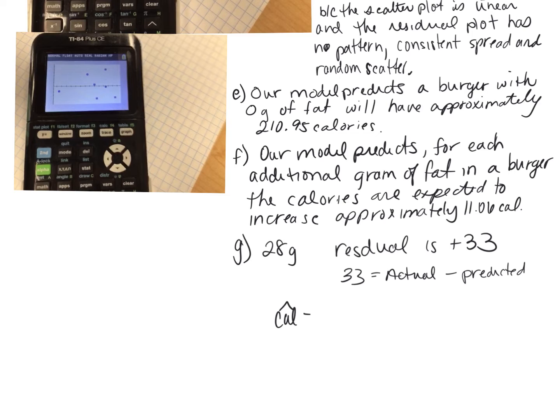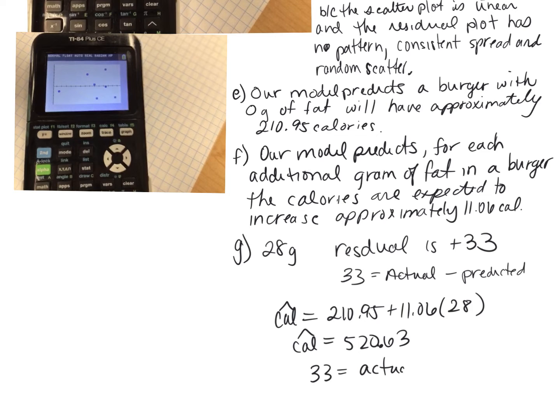The calories hat is 210.95 plus 11.06 times the fat, 28 grams. The predicted is what we get when we plug it into the equation, the model. So the calories hat is 520.63. So the 33 is equal to the actual minus the predicted 520.63.